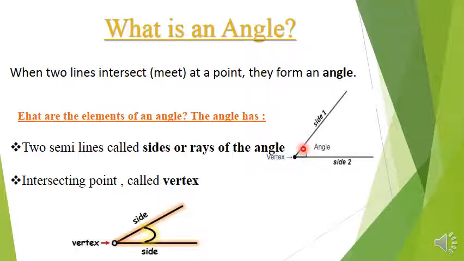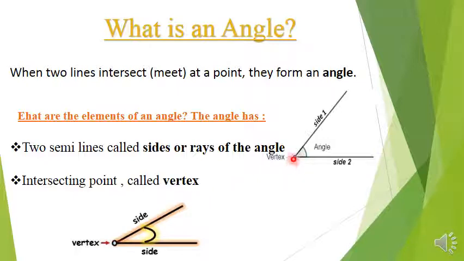What are the elements of the angle? The elements of the angle are two semi-lines. They are called the sides or the rays of the angle. This is side 1, this is side 2. And the intersecting point is called the vertex.